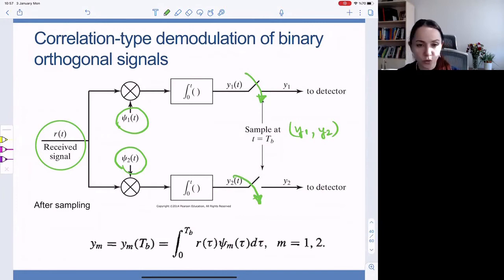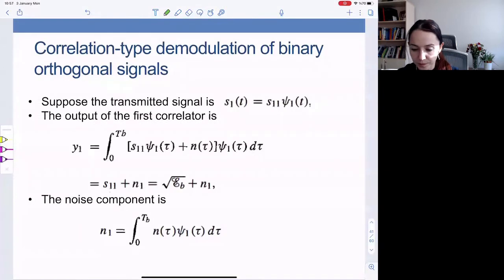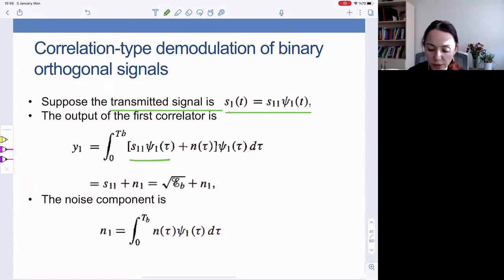So how do we use this to detect? Suppose the transmitted signal is S1 of t, which is S11 phi 1. The output of the first correlator is going to be S11 phi 1 plus noise multiplied by phi 1, so it is going to be S11 plus N1.